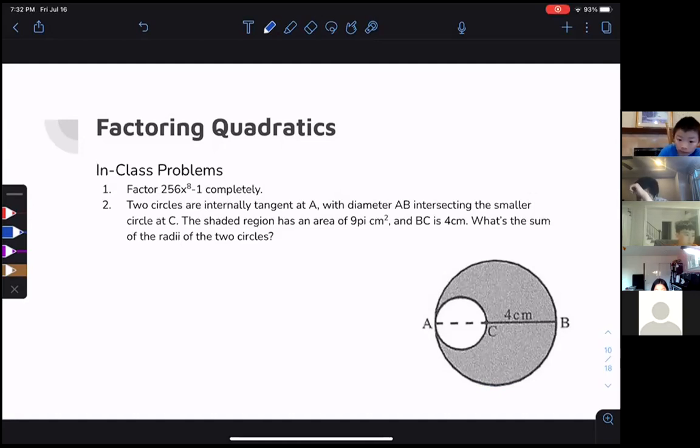For this problem, I just assumed that the center of this circle lies on the diameter, even though it doesn't quite say it. Otherwise you can't exactly solve it, and that would just make it more complicated.